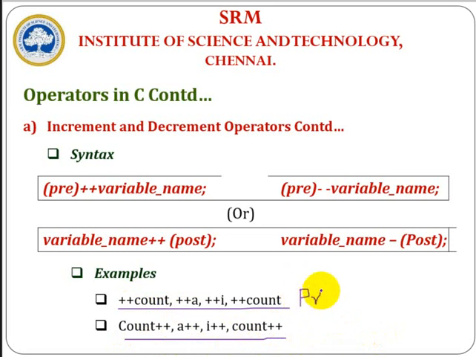In the post order, the variable comes first and then the operator will come next. So these are some of the examples.